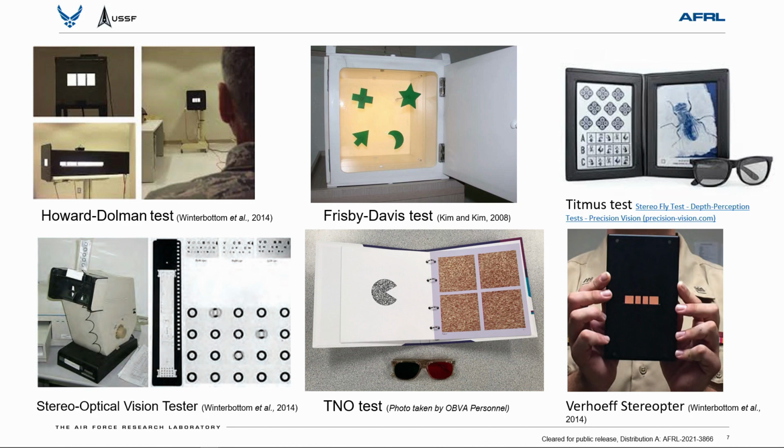So just going across the top, the Frisby-Davis test is a real depth stereo test where you can see the star one is popping out towards you, and it's really prone to monocular cues. So if I were to sit there and move my head around, I can use some motion parallax to work out which one is the odd one out. The Titmus test as well is an odd one out, just like the Air Force vision tester, which is used by the US Air Force.